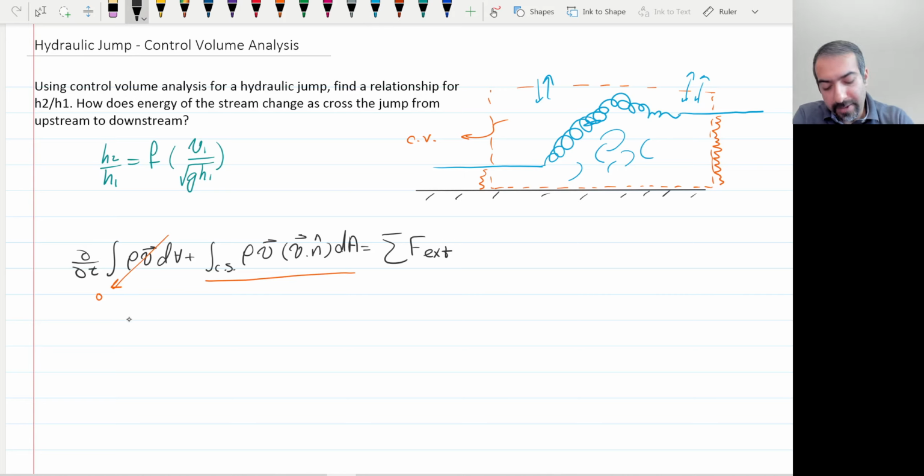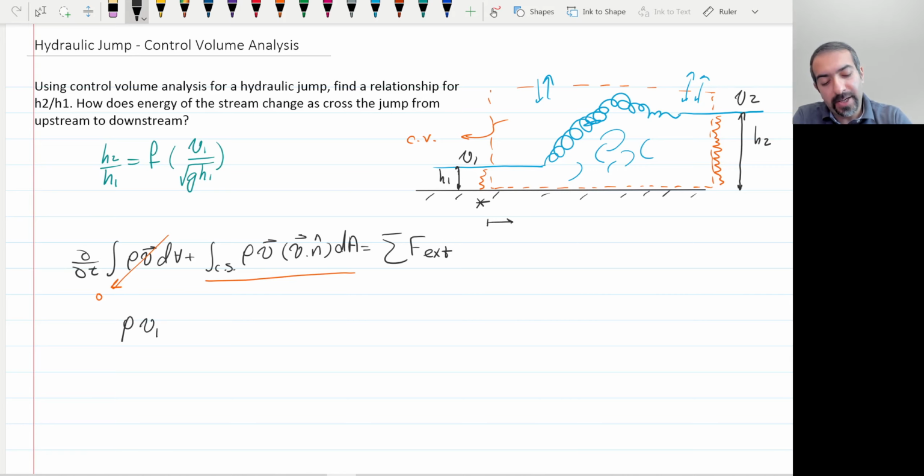So we have rho. Now, assuming that the velocity is pretty uniform, and velocity here is v1, and velocity here is v2, height here is h1, and height here is h2. Therefore, for the inlet here, we have rho v1 and v dot n.